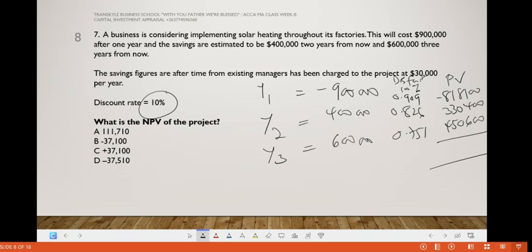So let us add them up. 330,400, plus 450,600, minus 818,100. So we are left with 37,100, which is negative. Okay, so we are having our answer there as 37,100 negative. So the answer is B. Okay, let's move on to question number 8.